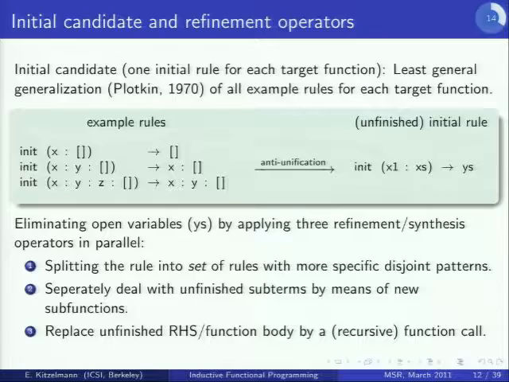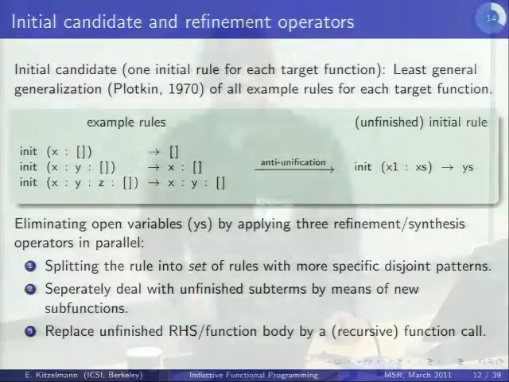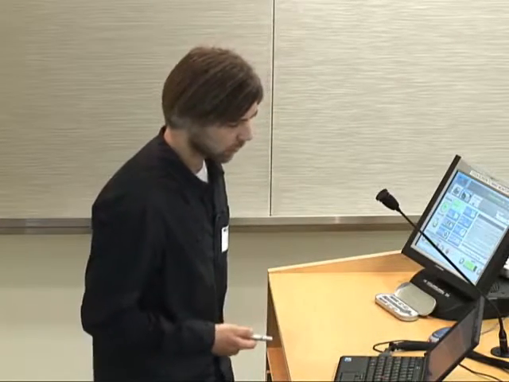All right, so okay, now given some input-output examples or some input-output patterns here, again for the init function, first of all, we generate one initial hypothesis or initial candidate. And this consists of just one single rule for all the input-output examples. And this needs to be a rule that subsumes all these examples, so that it can generate each output from the corresponding input.